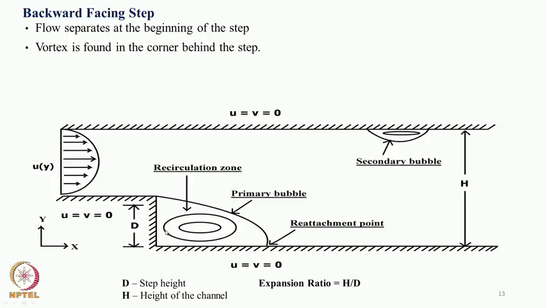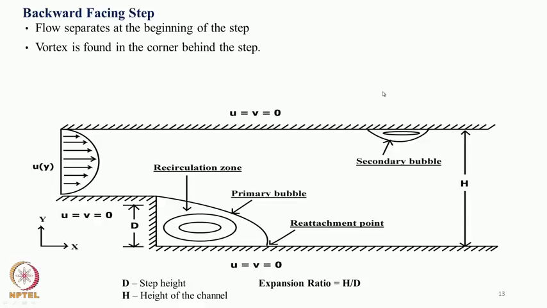So, this is the main reason why you have to have a scheme which takes into account the convection of the flow also. There is another situation for the same problem, depending on the Reynolds number and the flow condition, for the same geometry you may have a situation where there is a secondary bubble formation on the top wall.